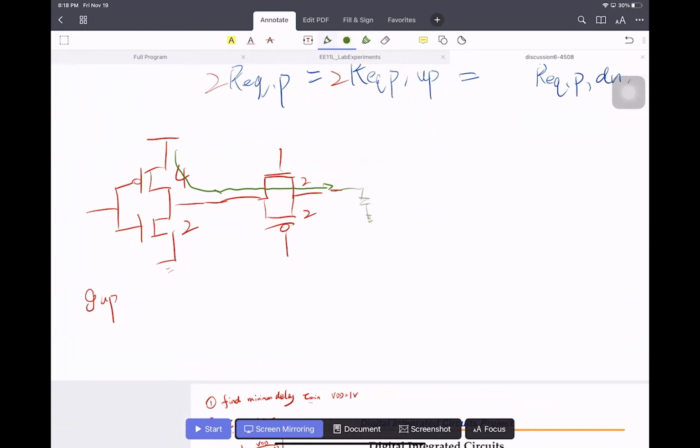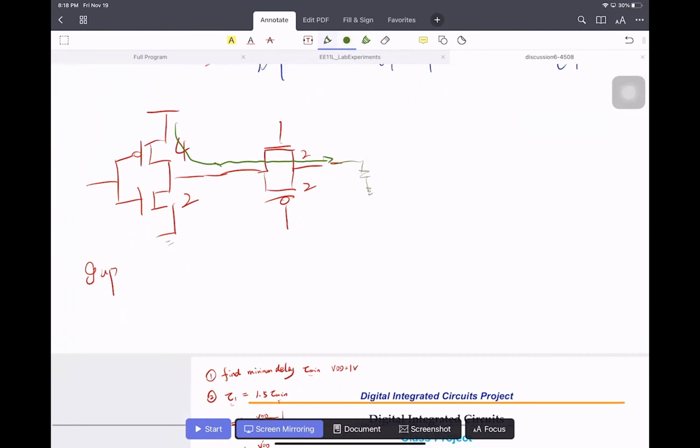So the equivalent circuit is something like it only passes this and passes this transmission gate. If you remember how to calculate the logic effort, first find the reference inverter that has the same driving strength as the gate.